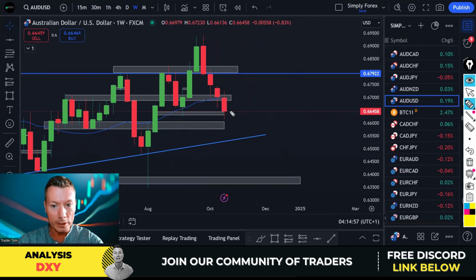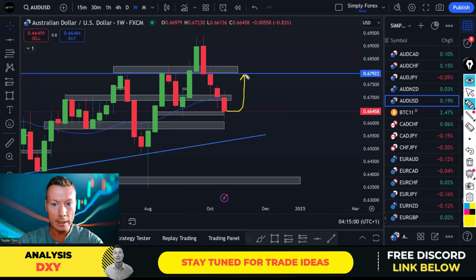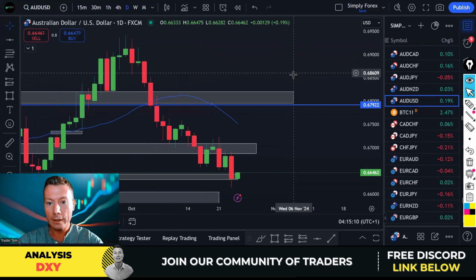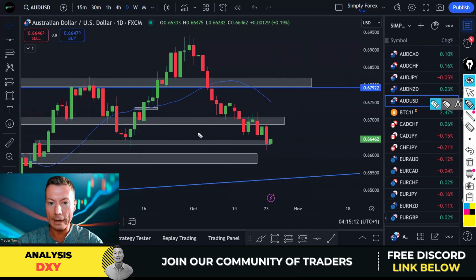How strong these buyers will be, will they push it back up to here? We don't know yet. Will they push it to here and it folds over and comes back down? We don't know, but you can expect buyers. So right at this level we're at now, we'll keep an eye on how this reacts. Will buyers start coming into the market? But again, that suggests at this level, US dollar strength.